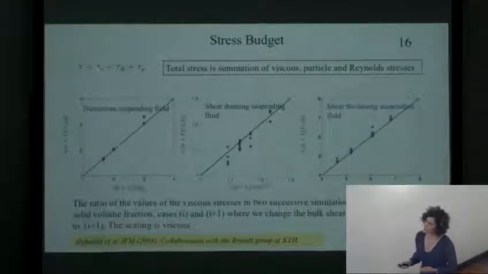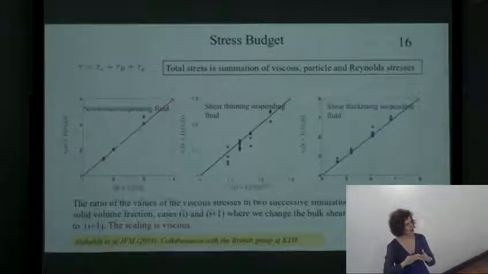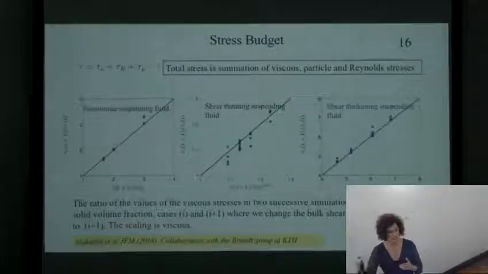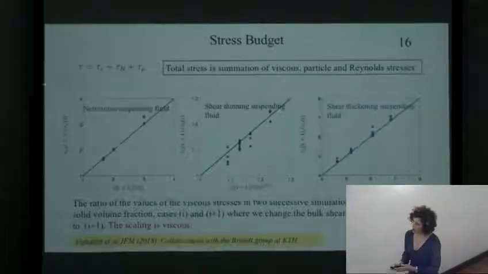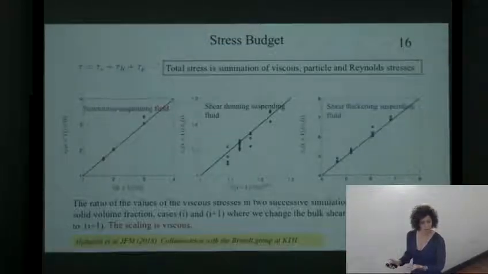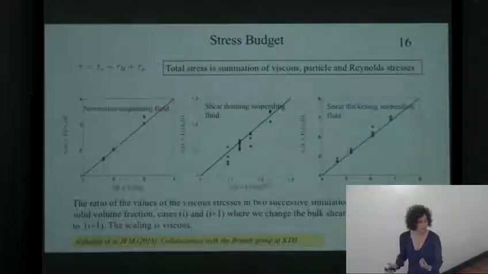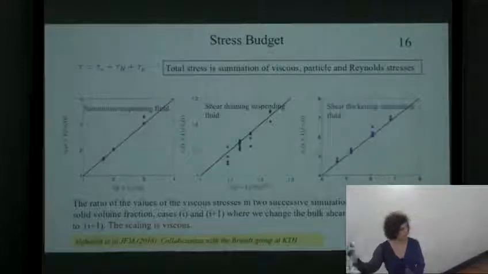So for the case of viscous stresses, if I divide the viscous stresses in two successive simulations in which I increase the shear rate, the scaling should be viscous, okay? And if I plot for Newtonian suspending fluid, shear thinning suspending fluid, and shear thickening suspending fluid, the stress ratio based on the viscous scaling for a constant solid volume fraction, they should all cluster or overlap on these lines to show the code is valid, which is true.